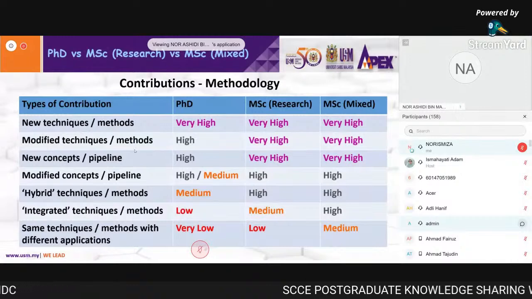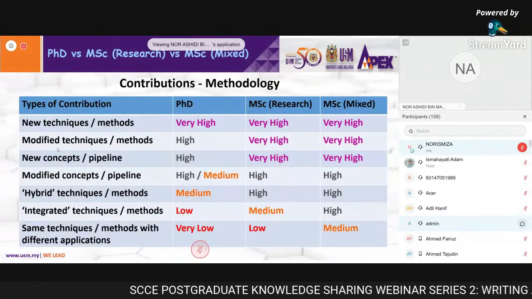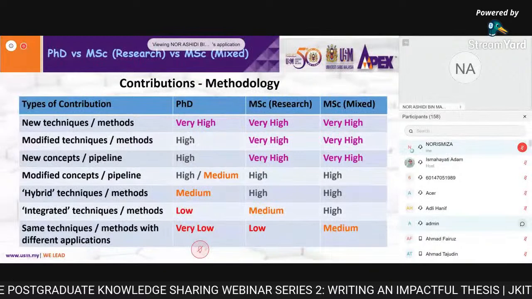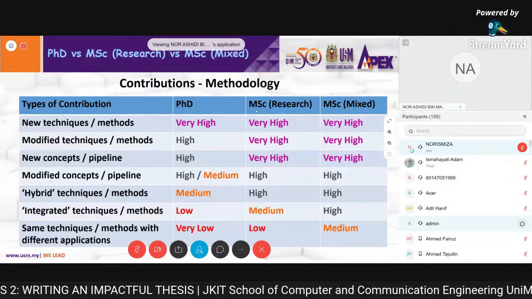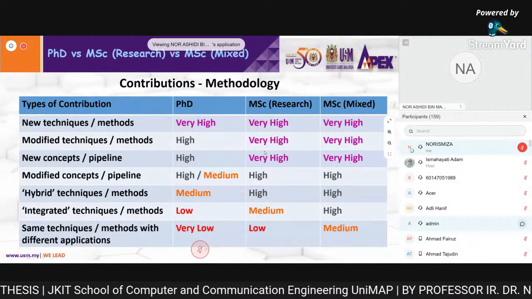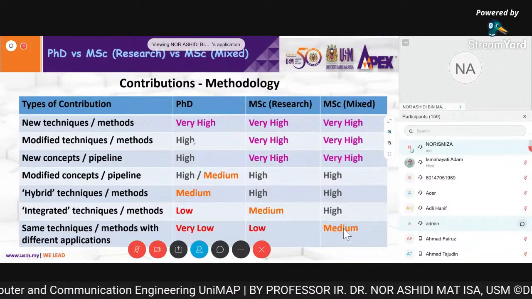For me, this is another contribution, and I set it as a high contribution. For the master, it is very high. For the PhD, it's enough.